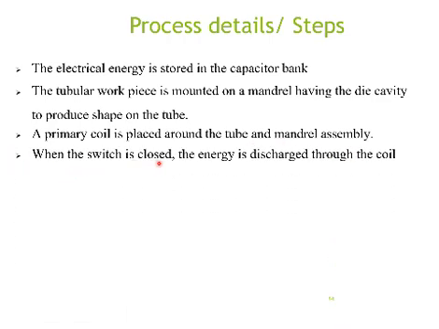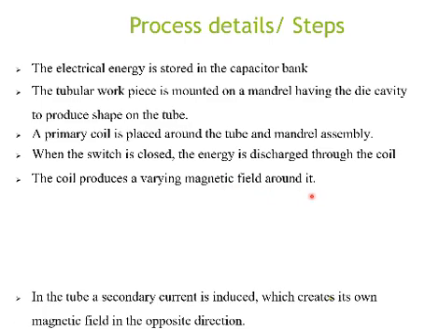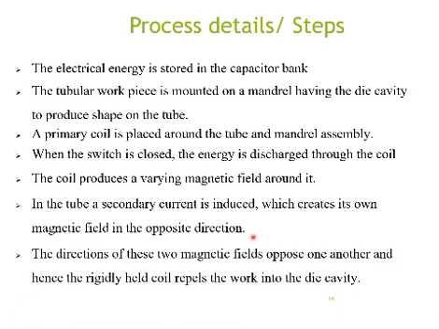When the switch is closed, the energy is discharged through the coil. The coil produces a varying magnetic field around it. In the tube a secondary current is induced, which creates its own magnetic field in the opposite direction.